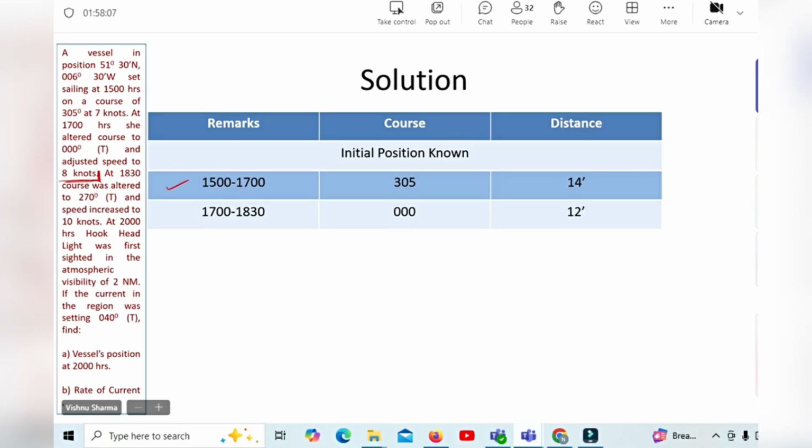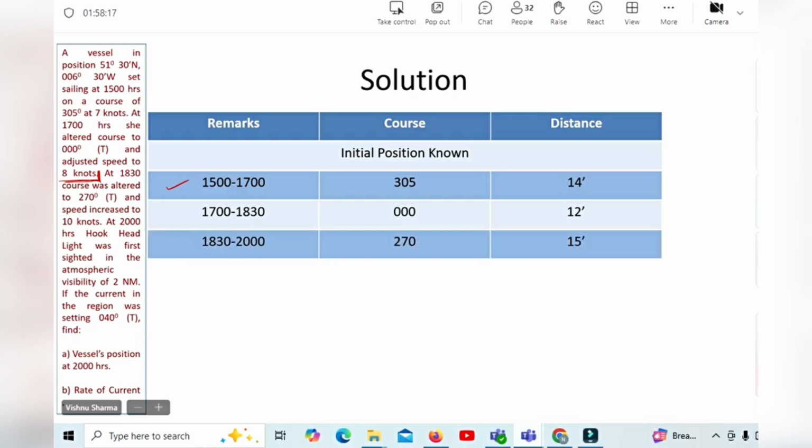Then at 1830, the course was altered to 270 degrees true and increased to 10 knots till 2000 hours, 1.5 hours again, 270 into 15 miles. At 2000 hours, Hook Head Light was first sighted in atmospheric visibility of 2 nautical miles. This will give us a PC.